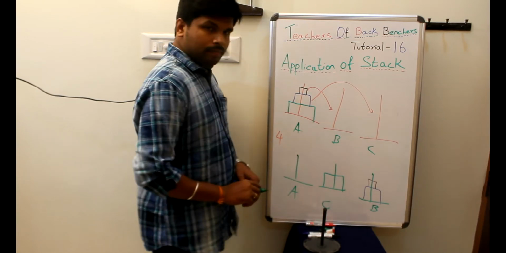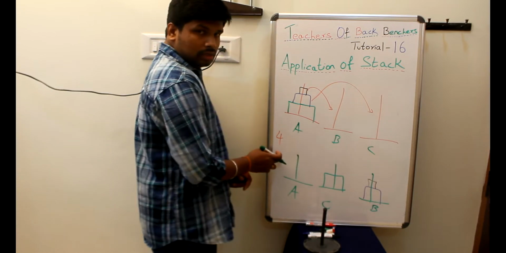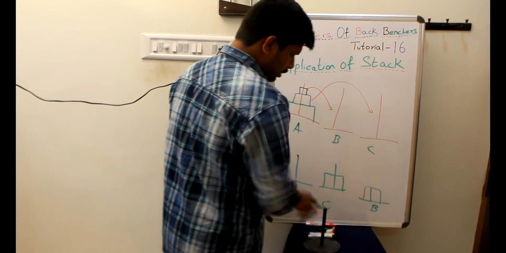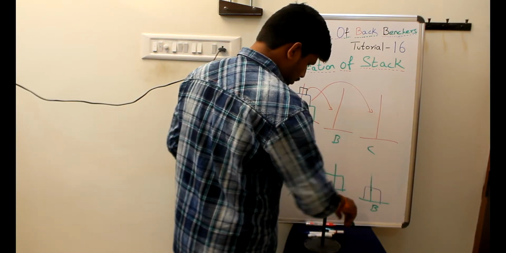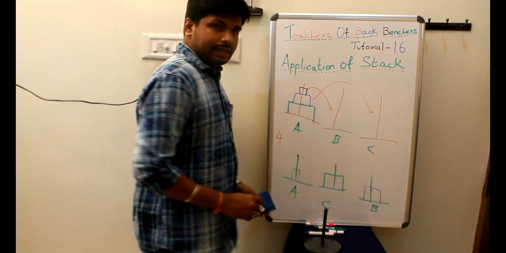And then in the next step, the smallest element comes to the empty cell. This is the next step.